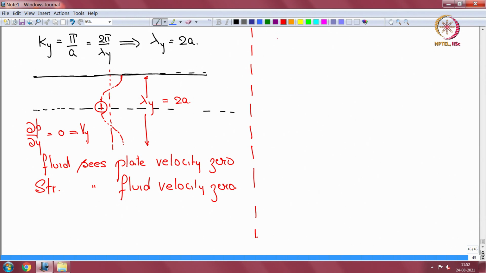So if we look at this equation, kx to the power 4 over kb to the power 4 is equal to 1 minus epsilon cot kya by kya. Now we have to balance this equation.